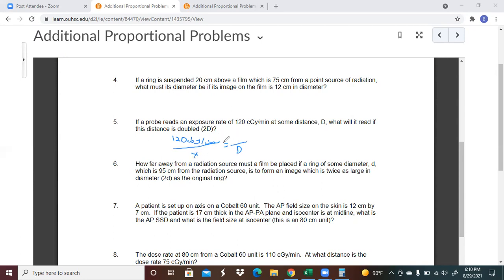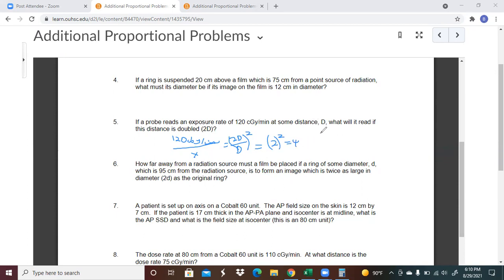I have no idea what the rate is, but I do know that over here, the distance is in fact doubled. Since we're dealing with a dose rate, we're going to end up having to square this. Now, it's a funny thing because when you take twice of something divided by that same something, you get just a number. So you get 4.